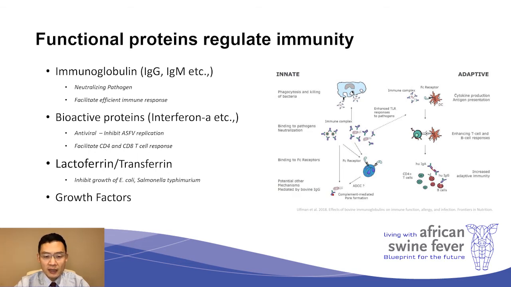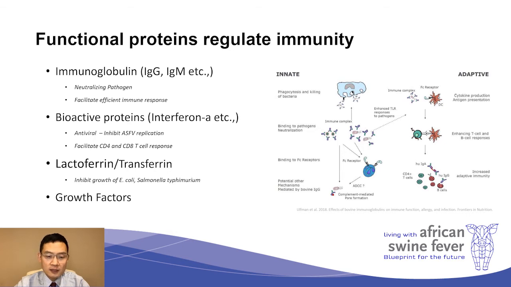Other proteins like interferon gamma, we know, have antiviral properties themselves. There are data suggesting it can inhibit African swine fever virus replication in the host cells, and can also prevent the penetration of the virus into target cells.